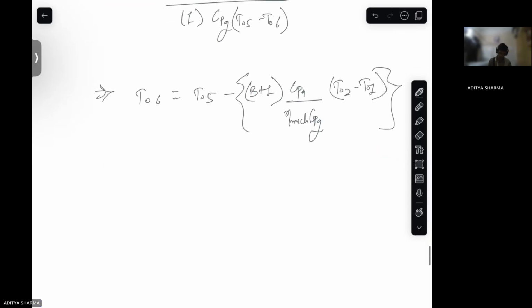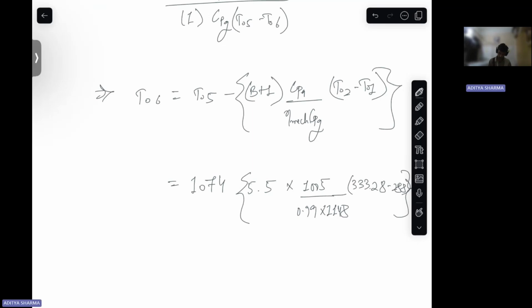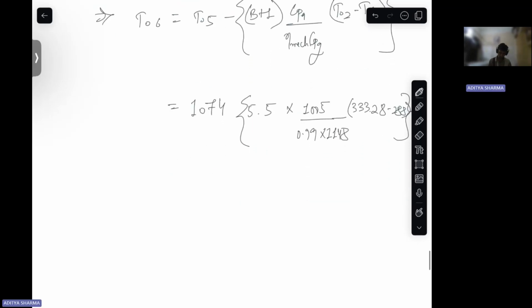Now place the values. T naught 5 we have calculated, b plus 1 is 5.5, CPA is 1005 by 0.99 into 1148, T naught 2 is 343.2 minus T naught 1. If you calculate this, it will be 853.77 Kelvin.